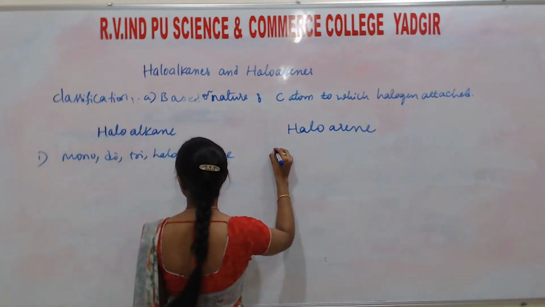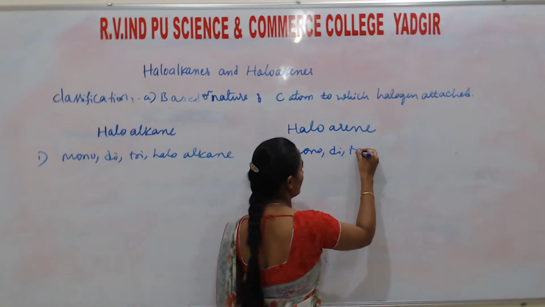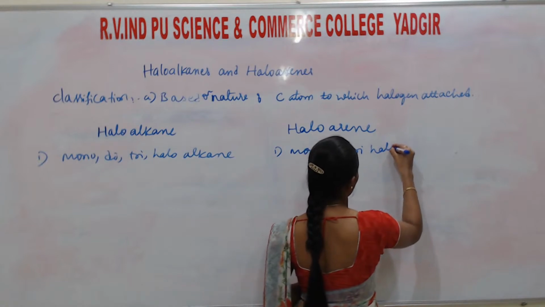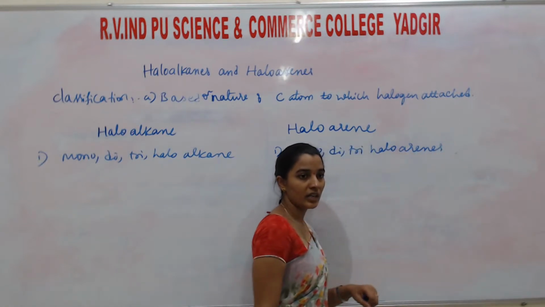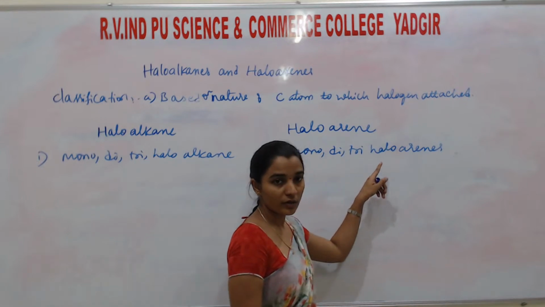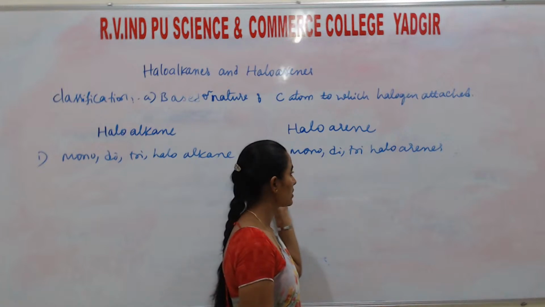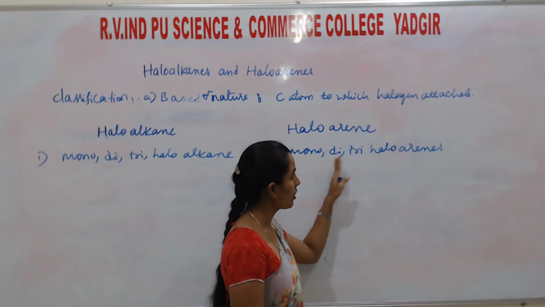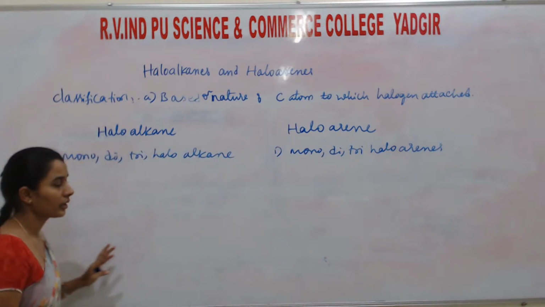Here also first classification, mono, di, tri, haloarenes. Based on what? Number of halogens. You may easily understand this one. Monohaloalkane, dihaloalkane, trihaloalkane. Monohaloarene, dihaloarene, trihaloarene. If you want to write the example, you may write.